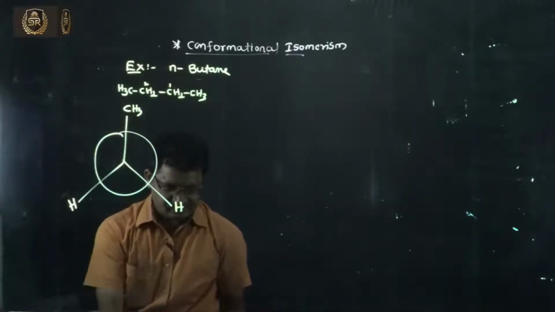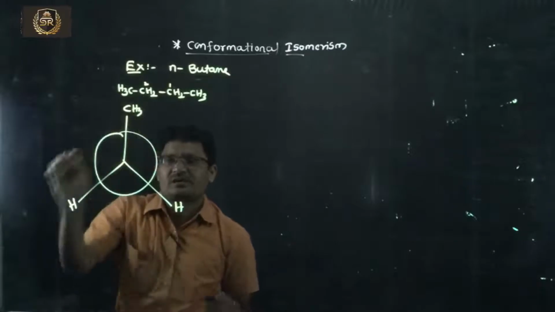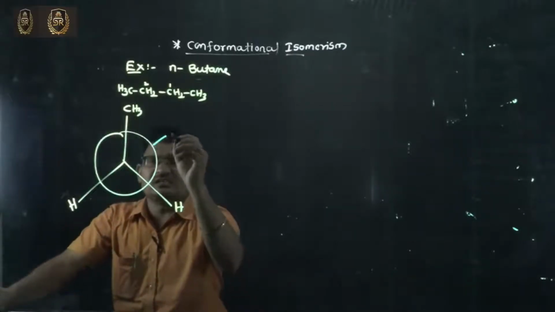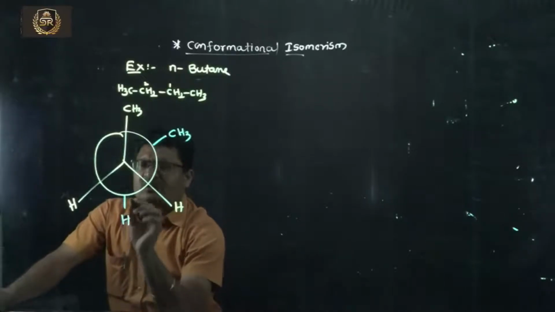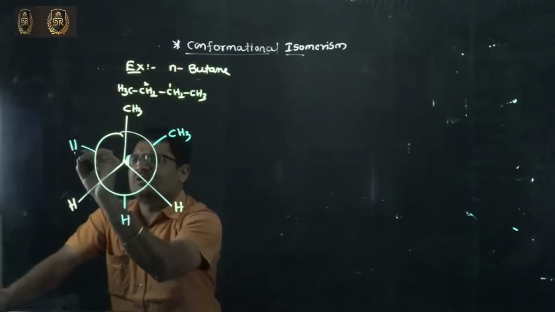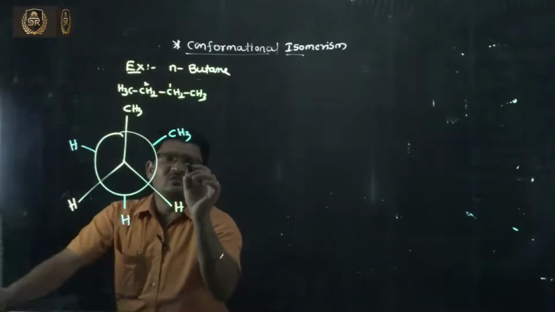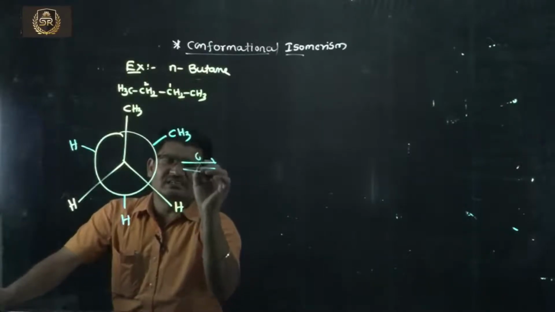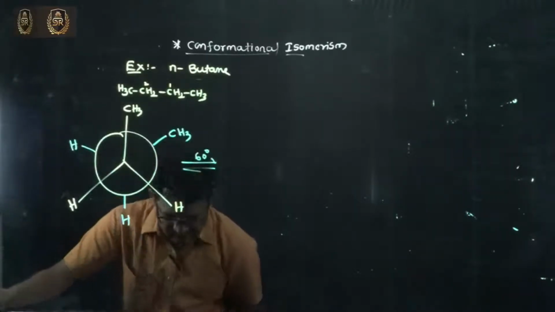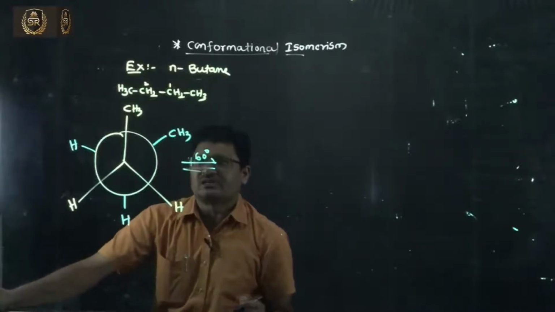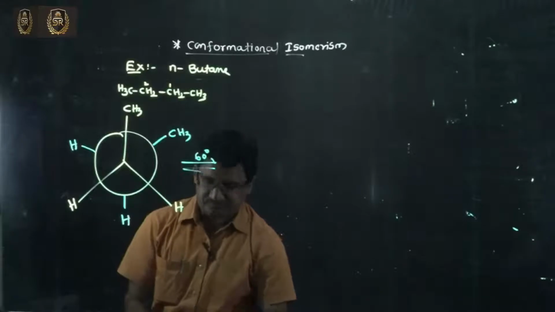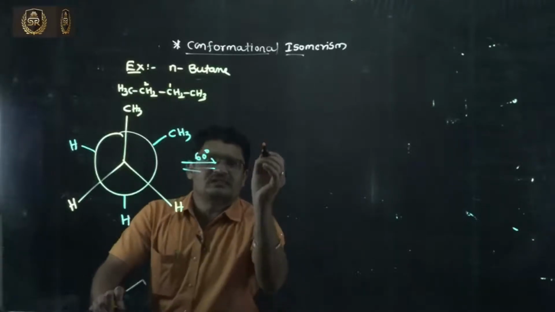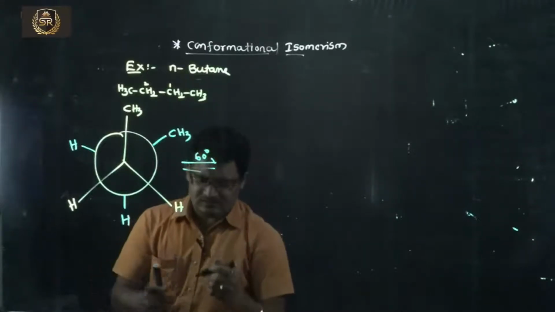The remaining carbon also contains one CH3 and two hydrogens. Now it rotates 60 degrees to get a compound like this.